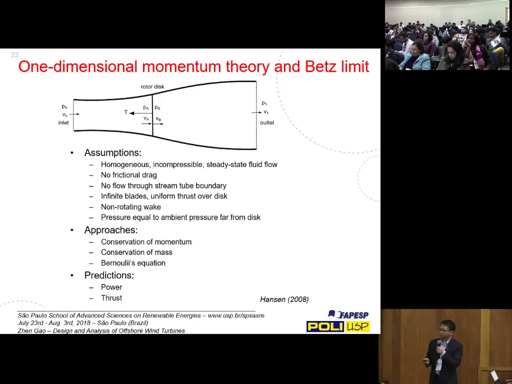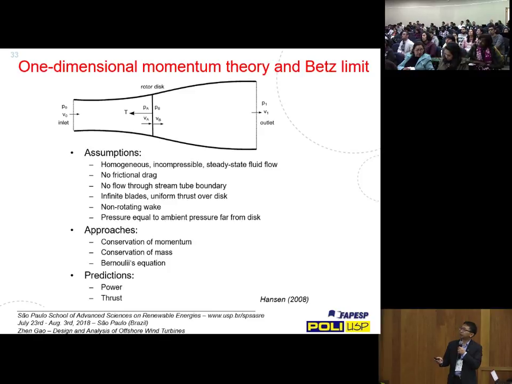Based on conservation of momentum and conservation of mass, and then you also use the Bernoulli equation for the field before the turbine and after the turbine. So you get this relationship between the velocity and pressure at the far field inflow, far field outflow, and the rotor plane.